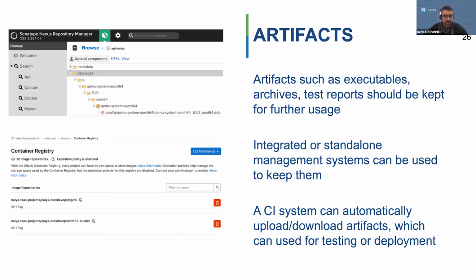You can use an integrated management system or a standalone system next to your CI tool. Your CI system can automatically upload and download artifacts. It can interact with those systems so that it can serve itself to take what it needs to perform testing or deployment.